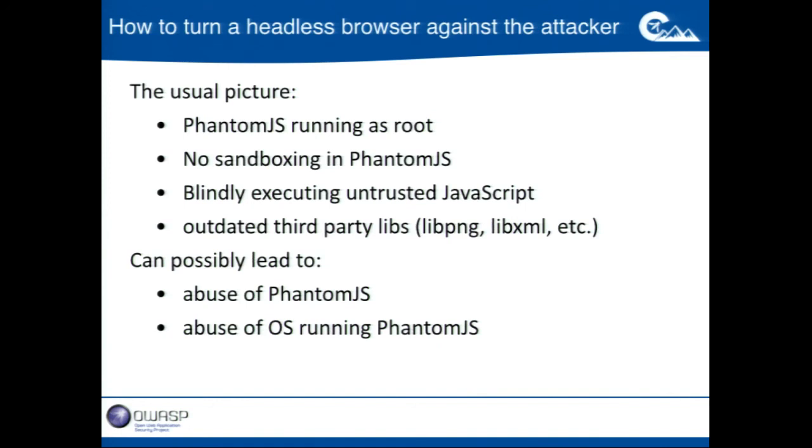Qt itself has a lot of outdated components; you can search for Qt vulnerabilities and you'll see reports on outdated libpng, libxml, font handlers, GIF parsers, a lot of attack vectors on that layer as well. So it can possibly lead to compromise of the Phantom.js process itself or maybe the operating system.